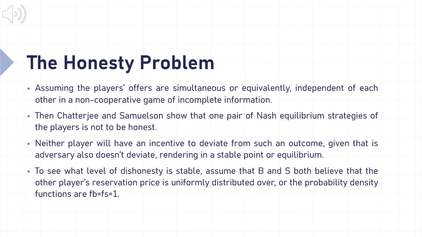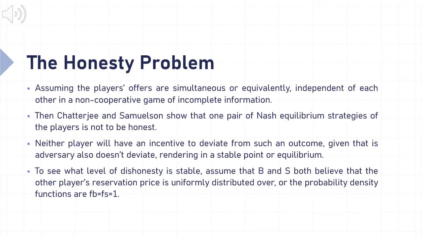To see what level of dishonesty is stable, assume that the buyer and seller both believe that the other player's reservation price is uniformly distributed, with the probability density functions for buyer and seller each equal to 1.